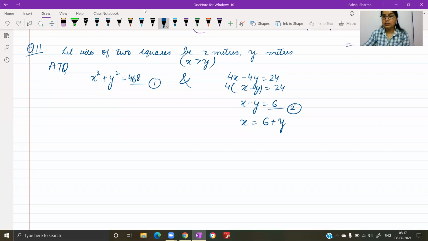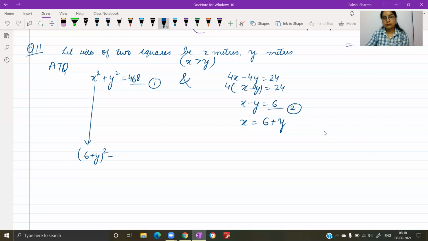Let's replace x as 6 plus y, or you could do y as x minus 6, whichever is suitable. Tell me, what's the quadratic equation formed? Y square plus 6y minus 216 equals 0, after substitution.